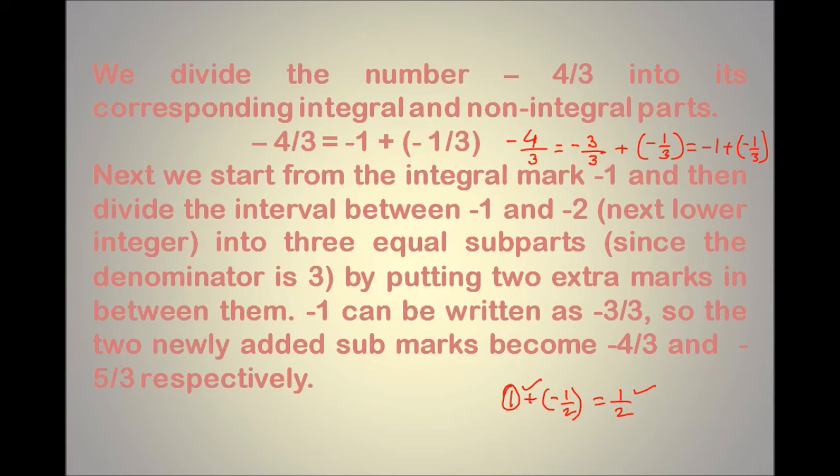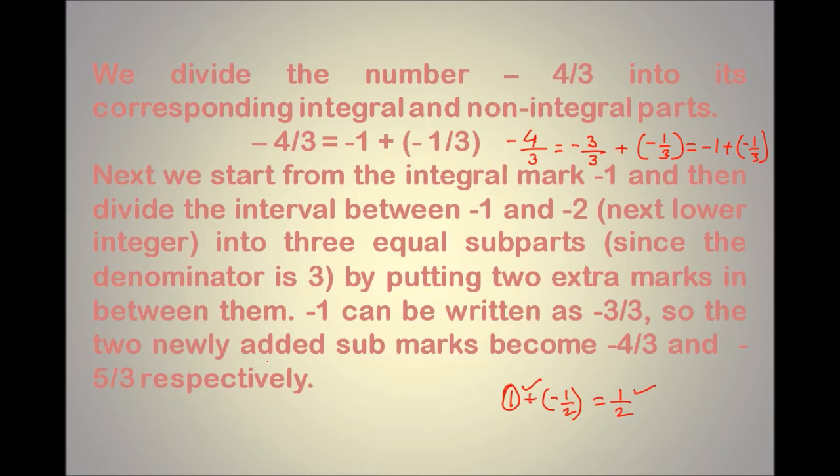So students, we have dealt with 2 cases. Case 1 is the rational numbers having the numerators less than the denominators, and we have taken 2 examples. One is the positive rational number and the second was the negative rational number for case 1, as well as for case 2.